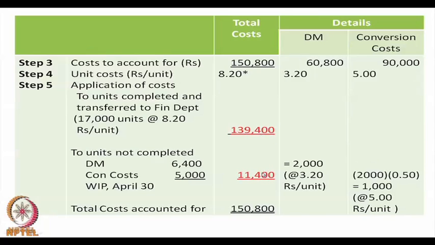So, when we add this, we get 150,800. So, the units that are completed and transferred to the finishing department, the cost is 139,400 rupees, and to those that are not completed, it is 11,400 rupees.